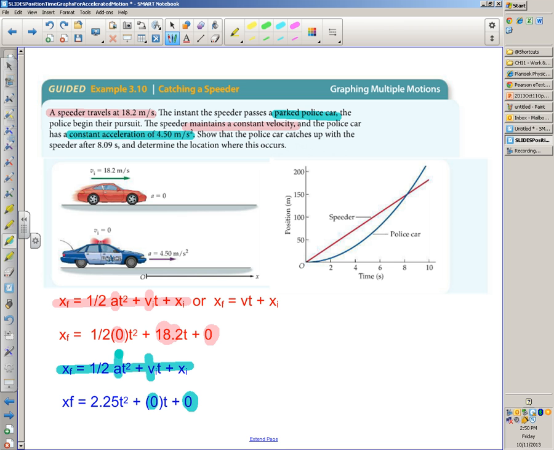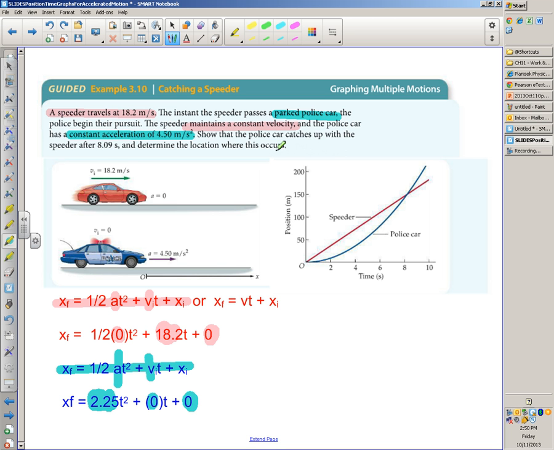So I plug in 4.5 for that spot a, but then I'm going to do what to it? Divide by 2 or multiply by a half, and that gets us here. Good there? Everybody follow how we went from the general equations to the specific equations for each car?